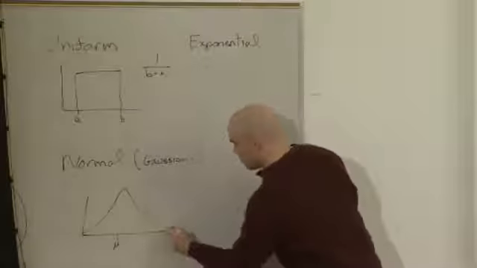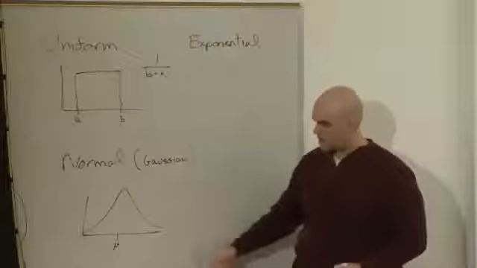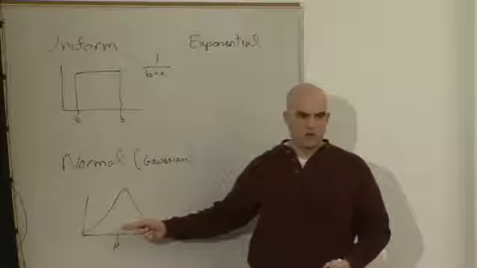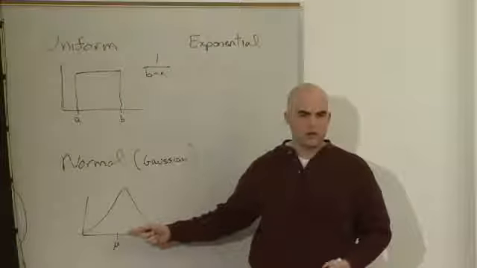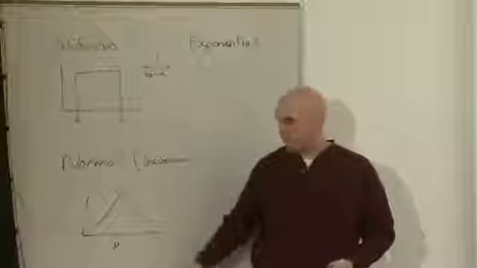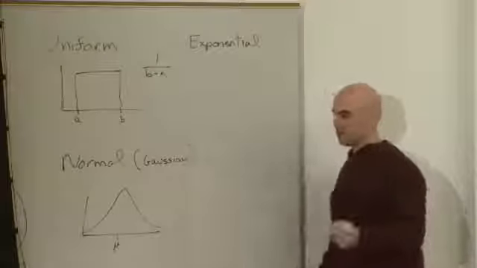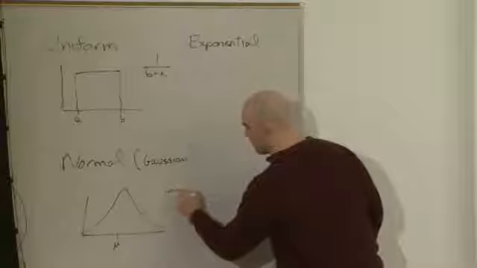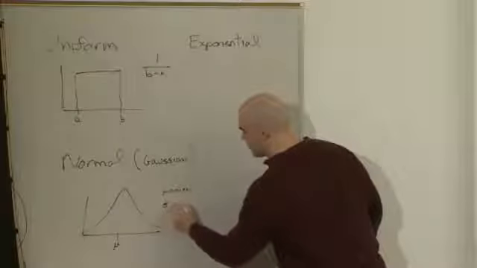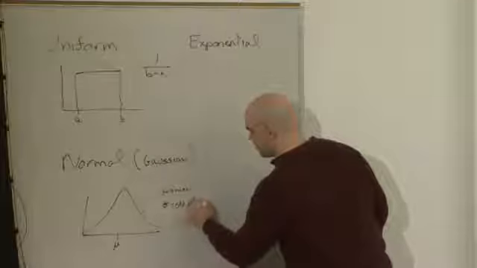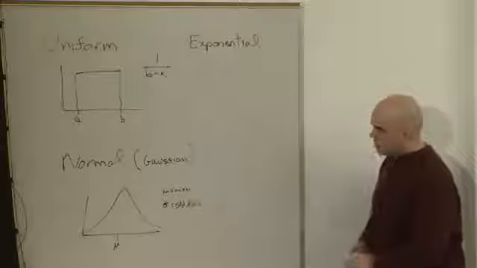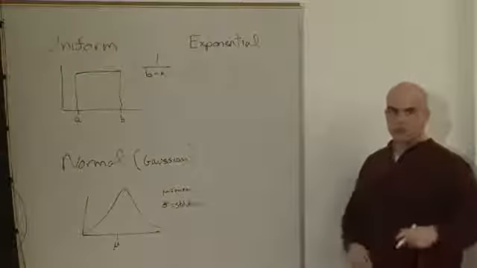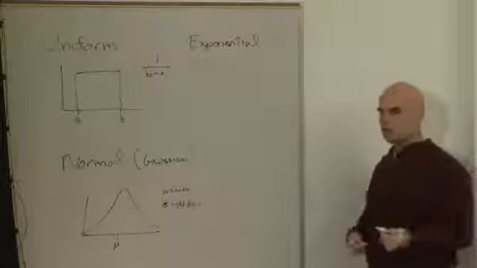Now, the Gaussian can be specified fully using two parameters. What are they? You have one here, and then you have standard deviation. So mean and sigma. Now, the function for this is not something you're going to have to know, but I wanted to show it to you.